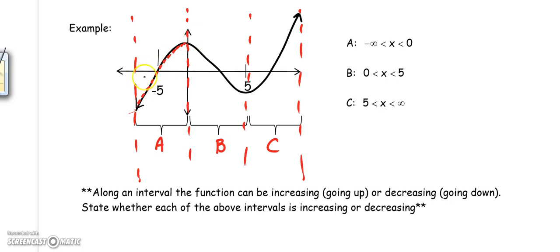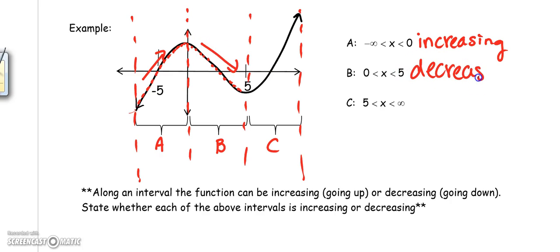Since I'm going up, that means it's increasing. And the next one, if I move from left to right, I'm going this way, which is down. So that means that is decreasing. And then in the last interval, if I start at the left and go right, I'm going up. So that means this one is increasing also.